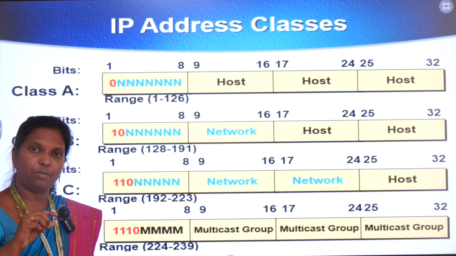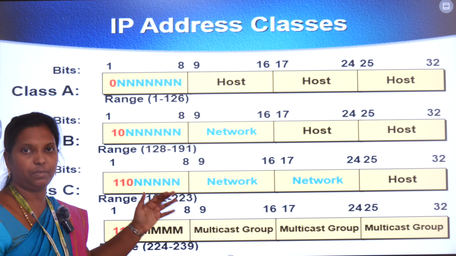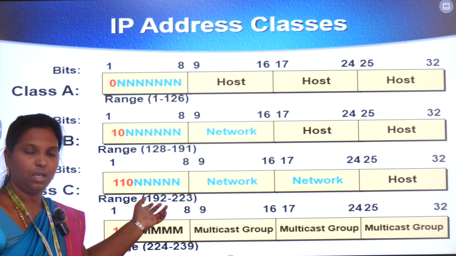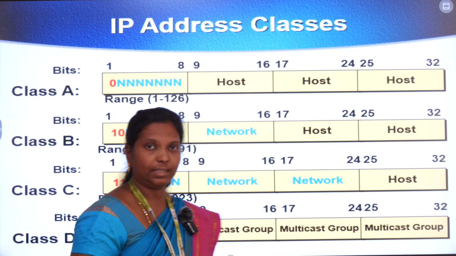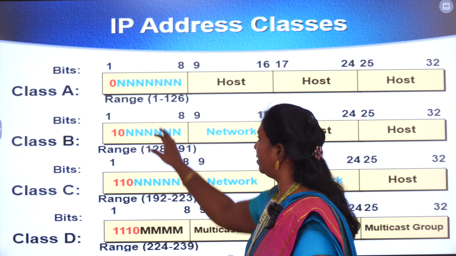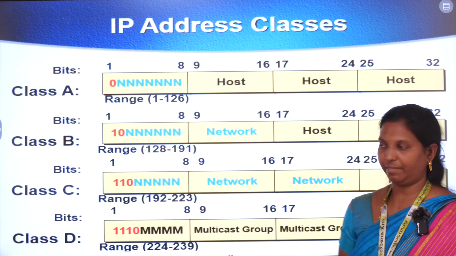If I go for 128, it will definitely focus on class B addressing. So whenever you want class A, the first octet should be from 1 to 127.